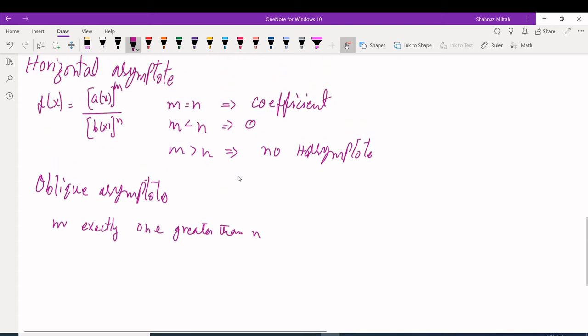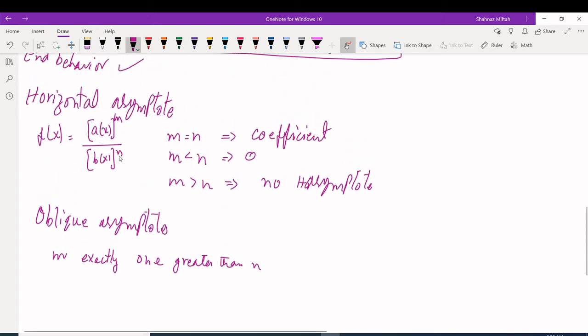For example, if m is 2, then n is going to be 1. If m is 4, then n is going to be 3. So exactly 1 greater than n. And how do we find the oblique asymptote equation? It's going to be using synthetic division. I have detailed videos on synthetic division and long division, so you guys can watch that.